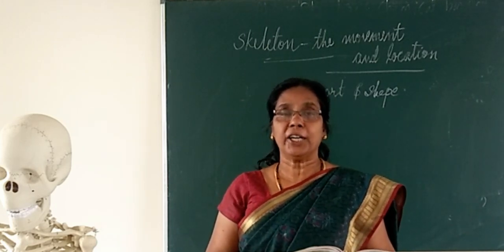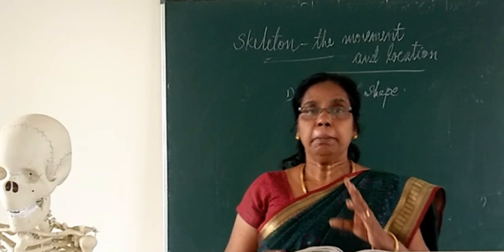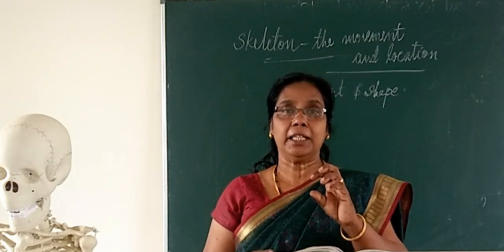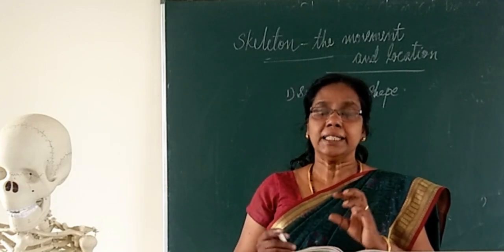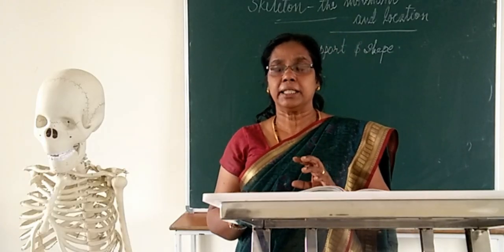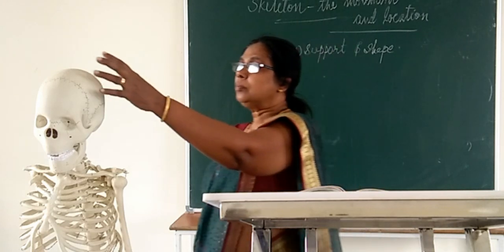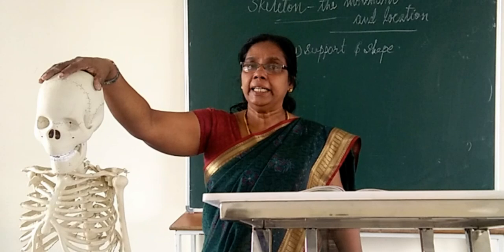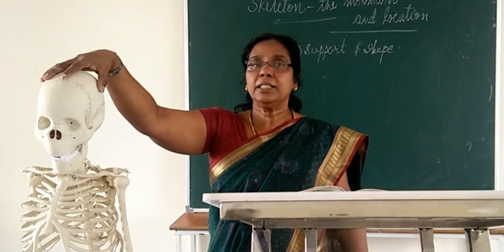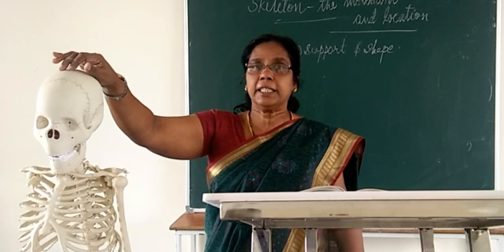Second function is protection. So what is meant by protection? Many delicate or soft organs are protected inside this skeleton system. For example, here you can see this is the skull, the head region. Inside this, what delicate organ is present?